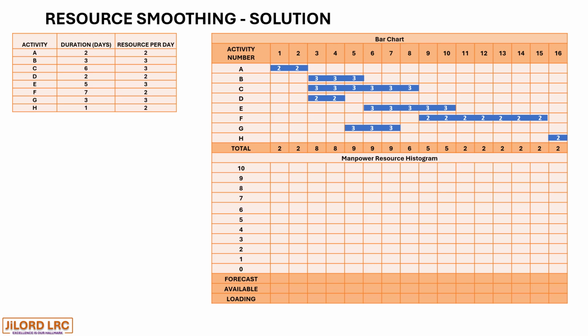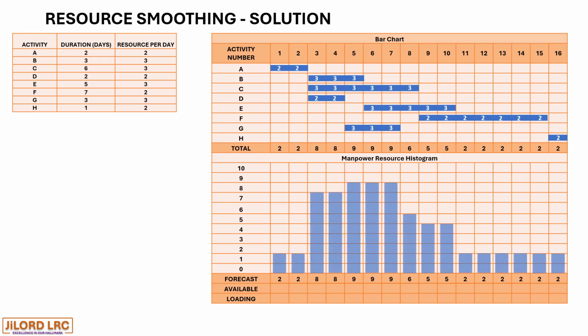So we bring that to our chart and commence with drawing the histogram. So we have the histogram 2, 2, 8, 8, 9, 9, 9, 6, 5, 5, 2, 2, 2, 2, 2, 2, and 2.